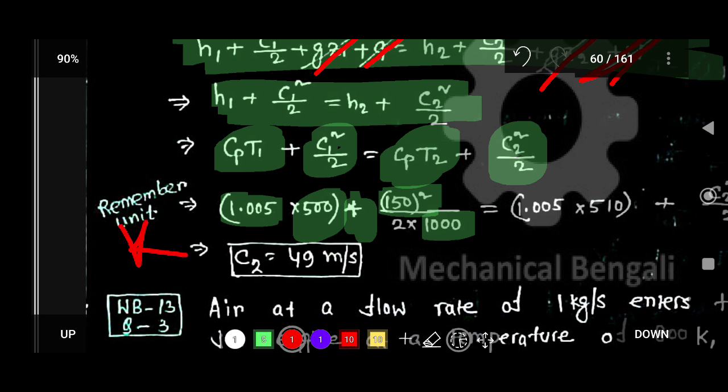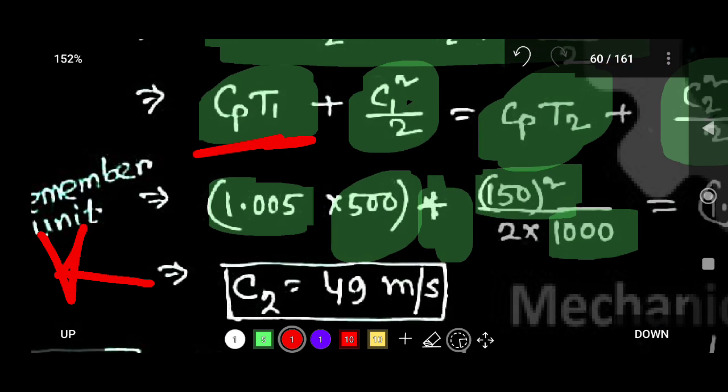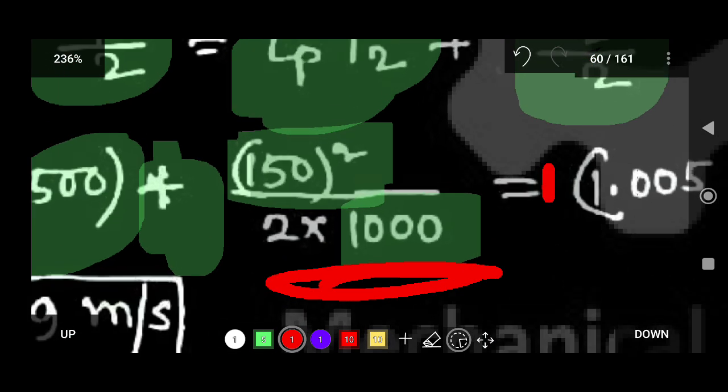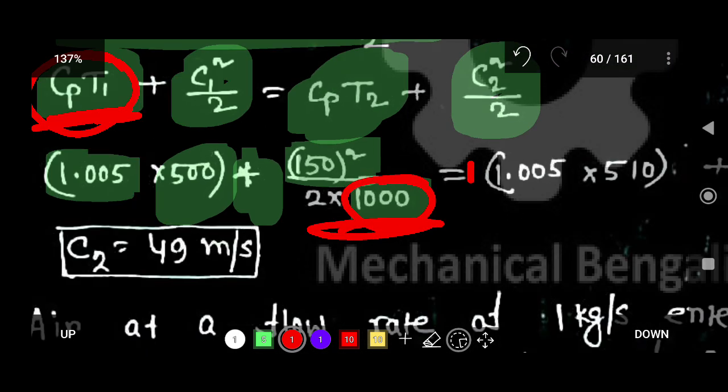All the portions will be in kilo. The unit of Cp T1 is kilojoule per kg, so here it is also kilo. That is why 1000 is divided, to convert it into kilo. Okay, understand this?